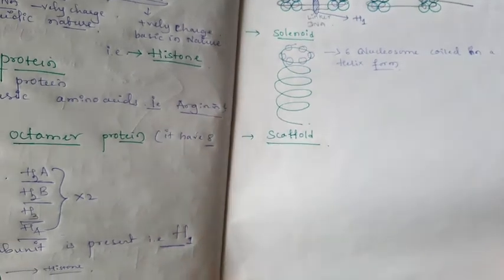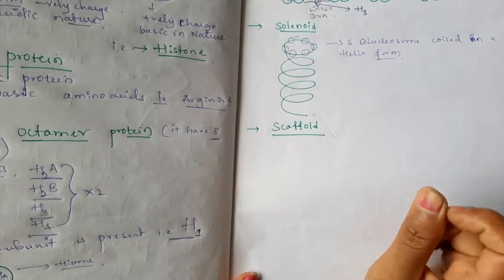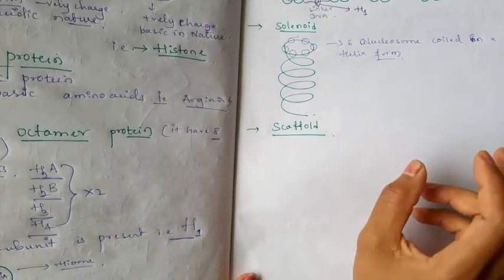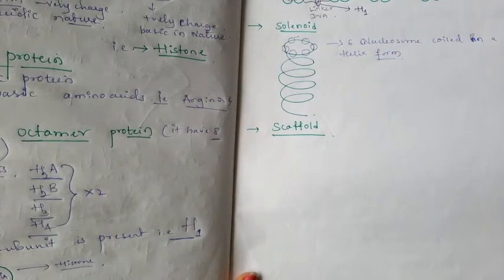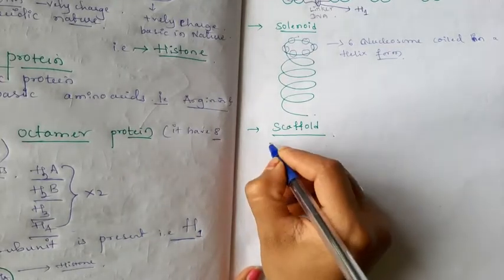In the case of scaffold, I told that for packing of DNA, histone protein is very necessary. Along with the histone protein, many non-histone proteins are also necessary.